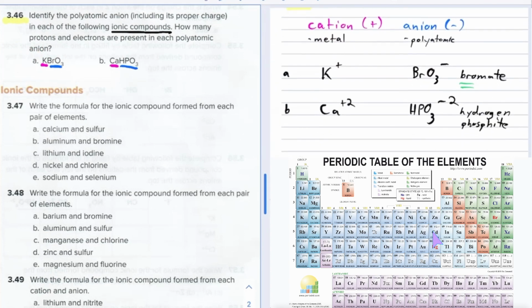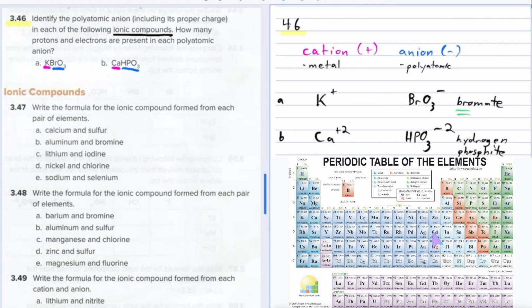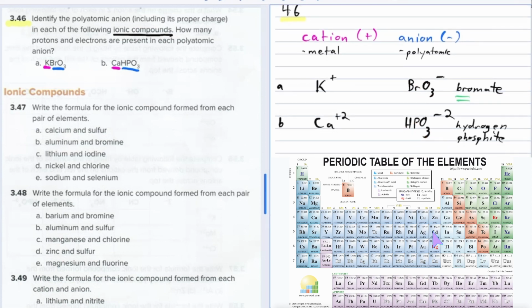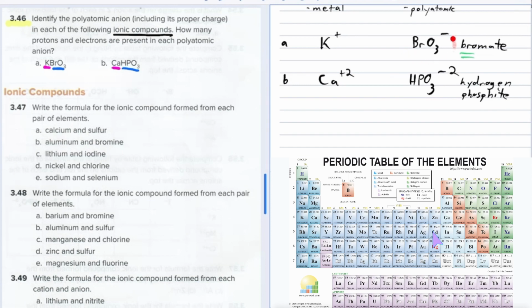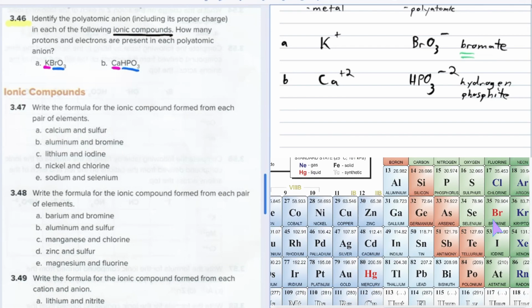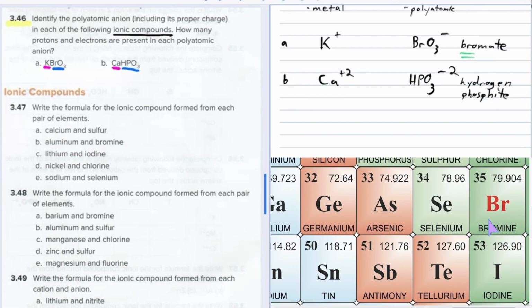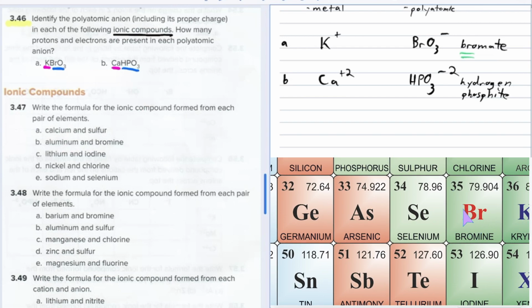So here are the anions. How many protons and electrons are present? Well, let's look at the first one. Bromine is element number 35. Bromine has 35 protons.